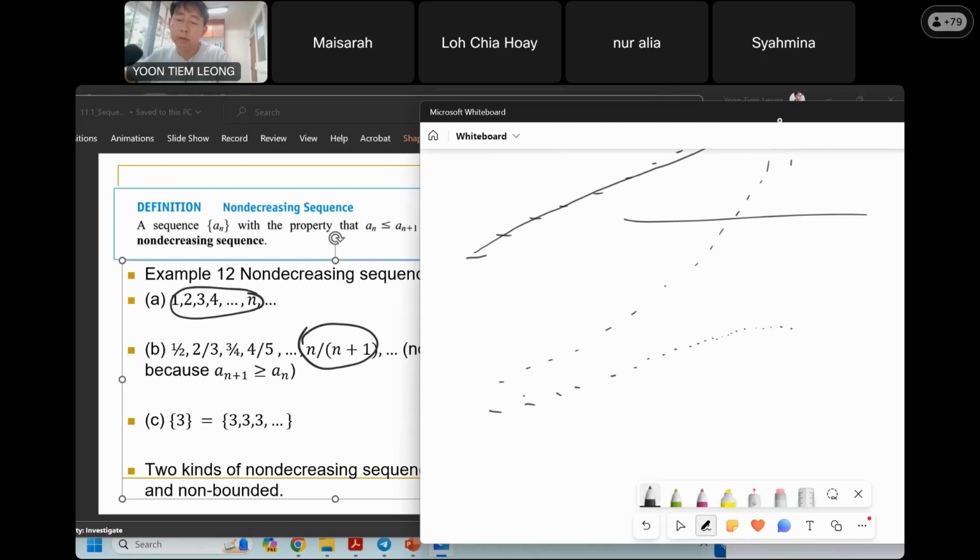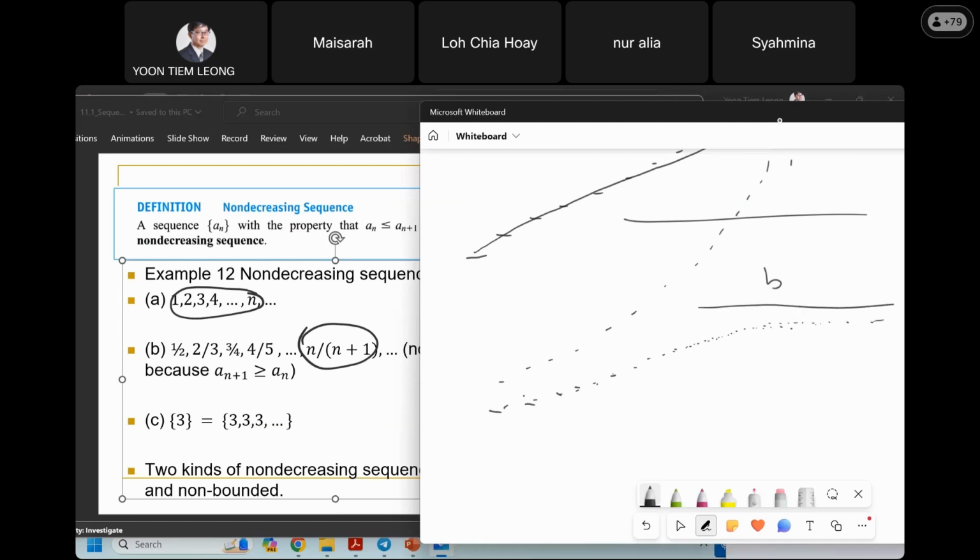The other situation is that the sequence, even though it is non-decreasing, won't increase to infinity. It will keep on increasing, but finally it will not go through a rooftop. There will be some kind of bound that forms the boundary of the non-decreasing sequence. So even though the next term is larger than the term before it, the term a_n for any n will not be larger than the bound. We call this the bound.